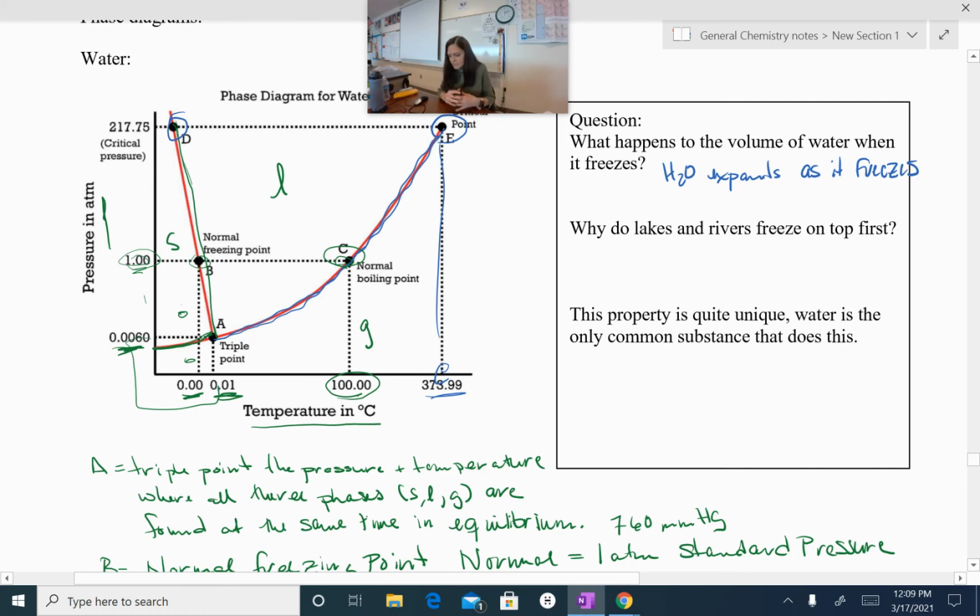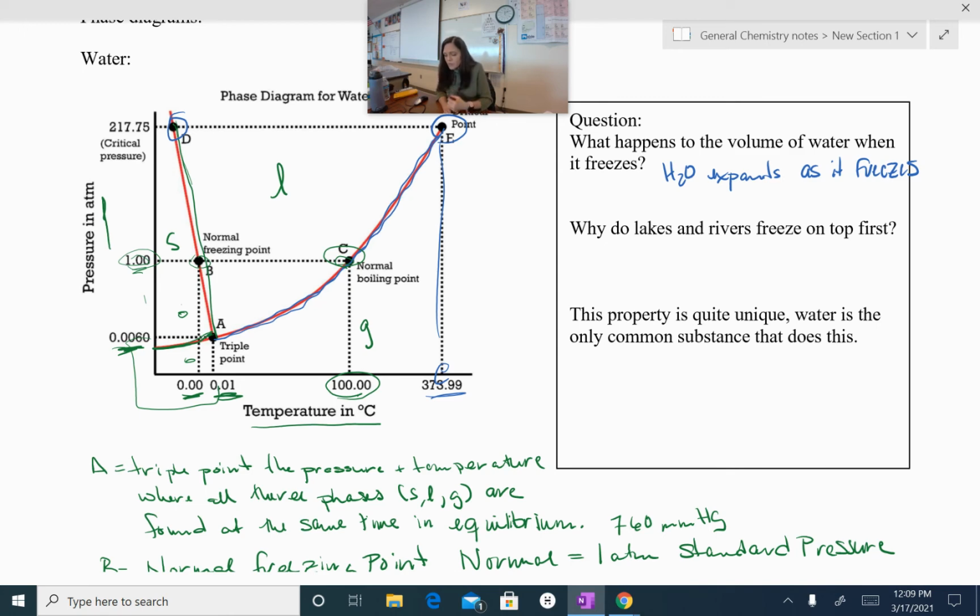Okay? It expands. That's why ice floats. Have you ever wondered why ice floats? Most solids are actually more dense than the liquid. They would actually sink, but water's really interesting. Water's the only thing I know of that actually expands when it freezes.